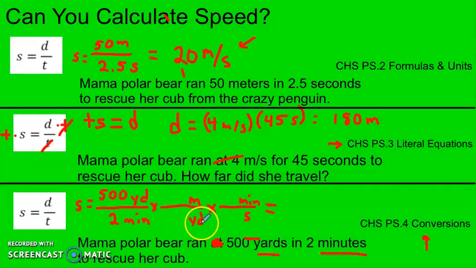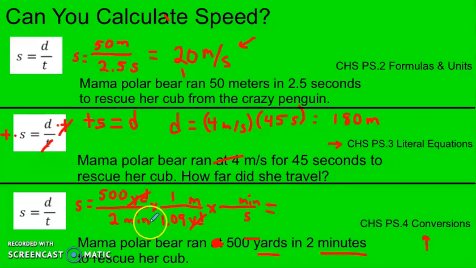You can just Google how many meters are in a yard, or how many yards are in a meter. So you have 1 meter, and this is what I found out from the internet, equals 1.09 yards. Then that will cancel out the yards, and you have converted yards to meters.